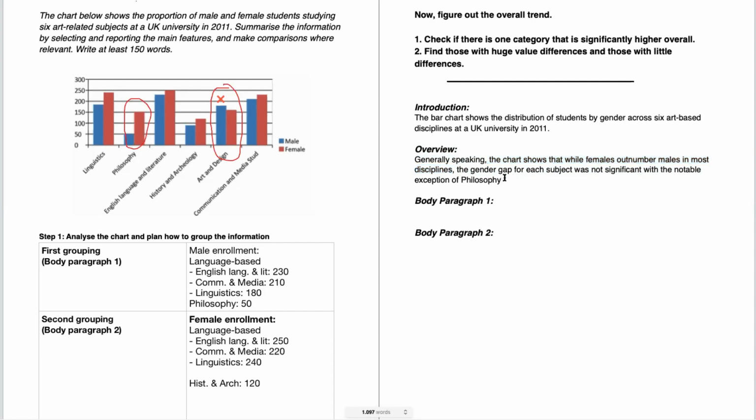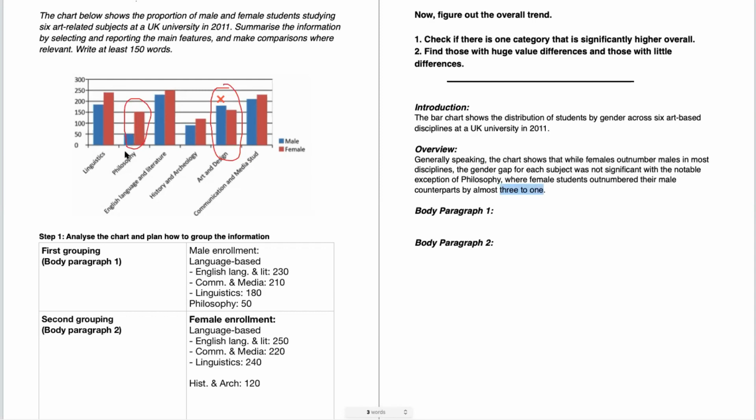So I'm just going to add on here about philosophy. I'm going to say where female students, we could say here, outnumbered their male counterparts by almost 3-1. Okay, and so I've looked at this 3-1 basically because I see this as quite an even number here. We have 150 female students and 50 male students.